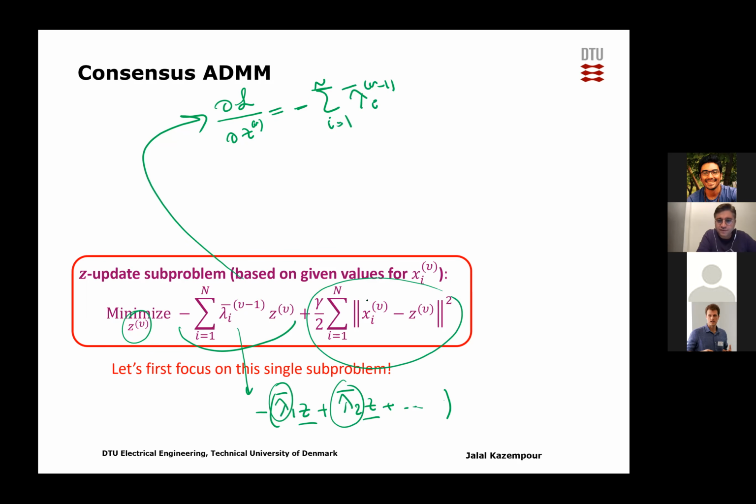Now let's take the derivative of this term of the Lagrangian function with respect to z. It should be plus gamma over 2, then the 2, and the derivative of the inside, which is minus 1, and then the term inside, x_i nu minus z nu, is equal to 0. Do you agree? And I forgot the sum operator.